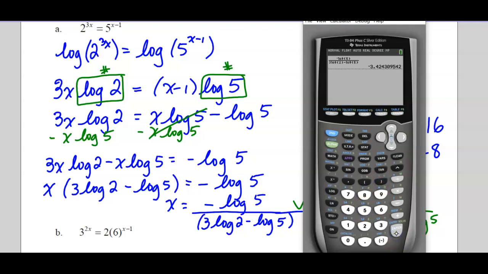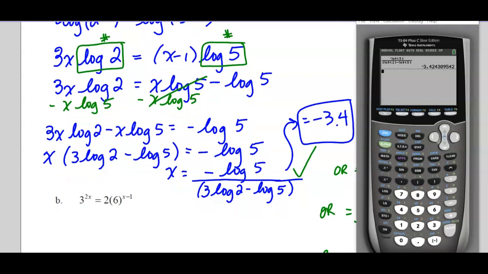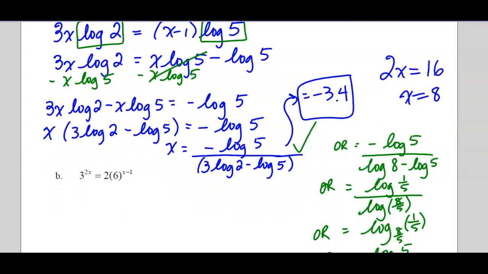Okay, so negative 3.42. Did we say what's around 2? Here's 10th, so negative 3.4. Okay, so this is how you can get exact values, which is as solutions for any exponential equation. So it's really important stuff as you move forward.